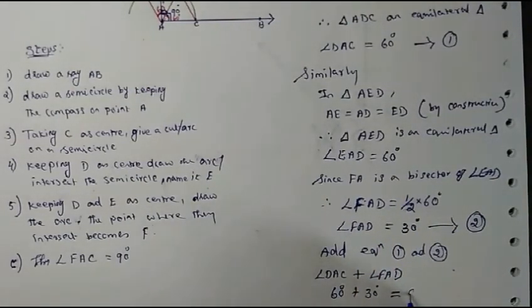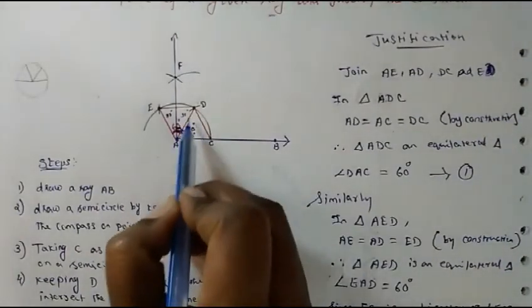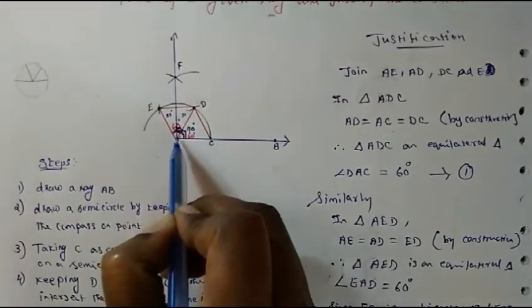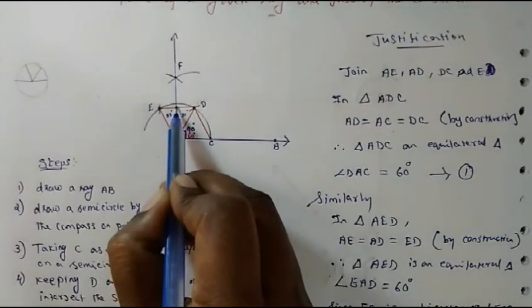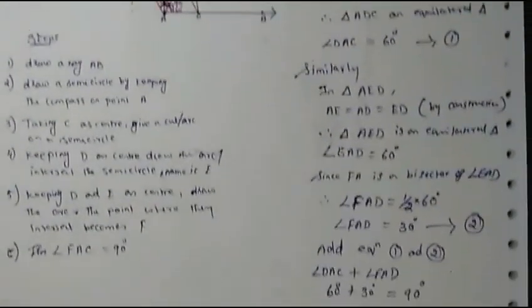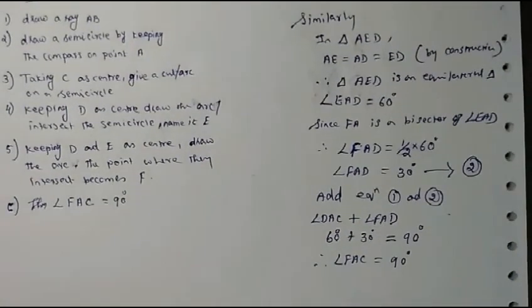So in total you get 90 degrees. So what is this? DAC plus FAD. DAC is this 60, FAD is 30. That means FAC together is 90 degrees. Therefore FAC is 90 degrees.